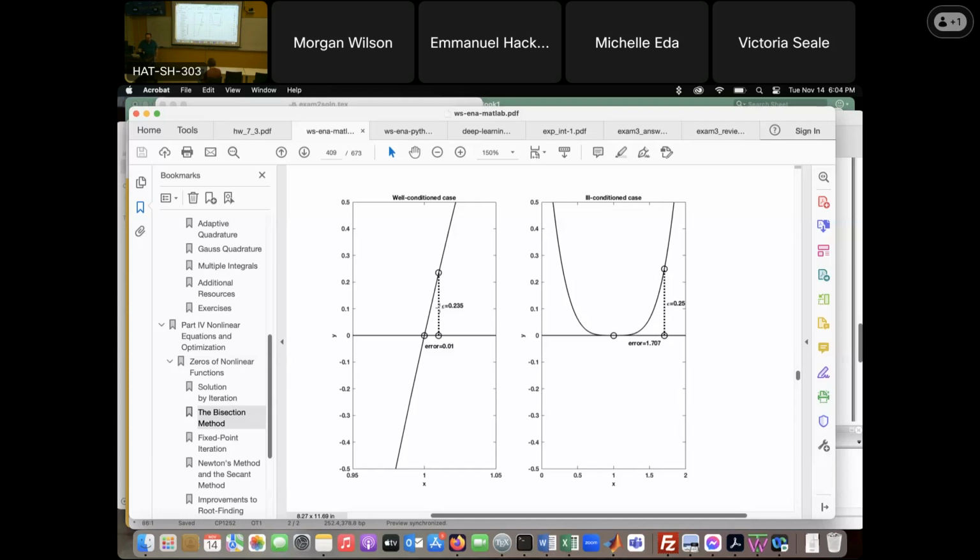Whereas if it's well-conditioned, if you plug an x value into your function and you get a small y value, then you can trust you actually are near the root. So that's the ramification of a well-conditioned versus ill-conditioned problem, is that when you're trying to check roots by plugging them into f, it's more reliable in a well-conditioned case.